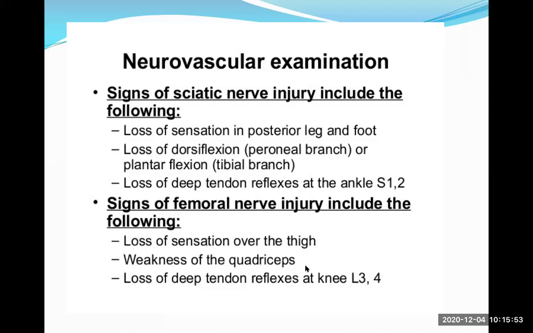I'm sure every student knows this. Extension of the knee is done by quadriceps femoris muscle. So if they are paralyzed because of femoral nerve injury, knee cannot be extended in the patient. And loss of deep tendon reflex at knee because the root value is L3 and L4. Even L2 plays a role there, okay? So these are some of the important points regarding neurovascular exam.